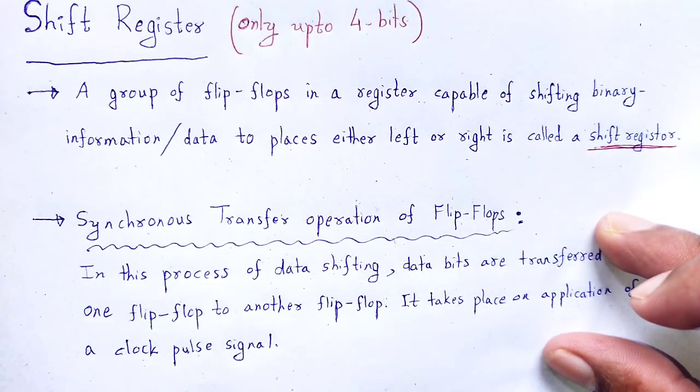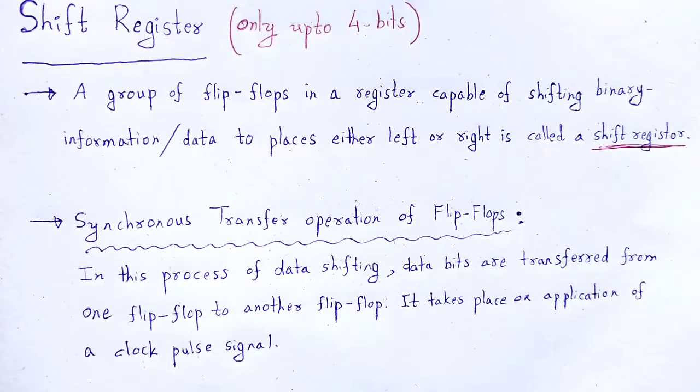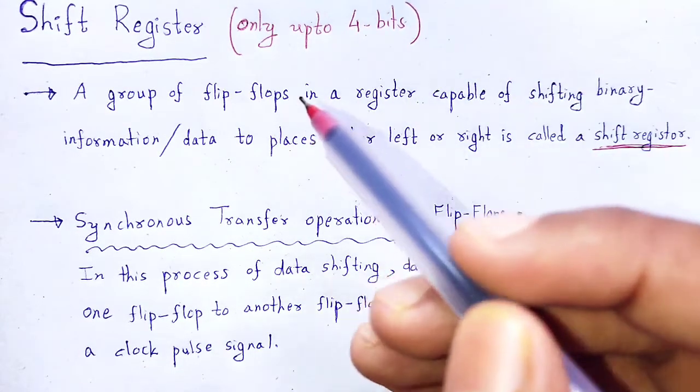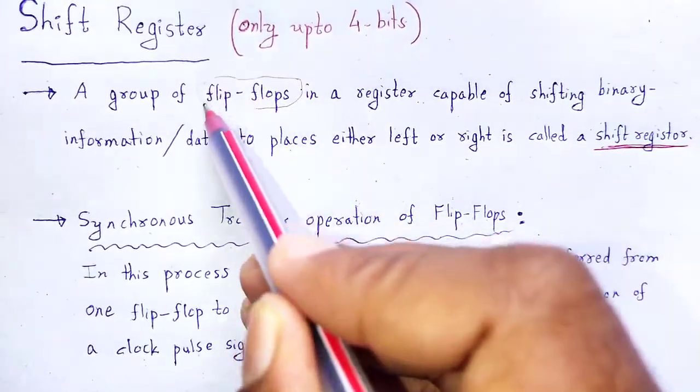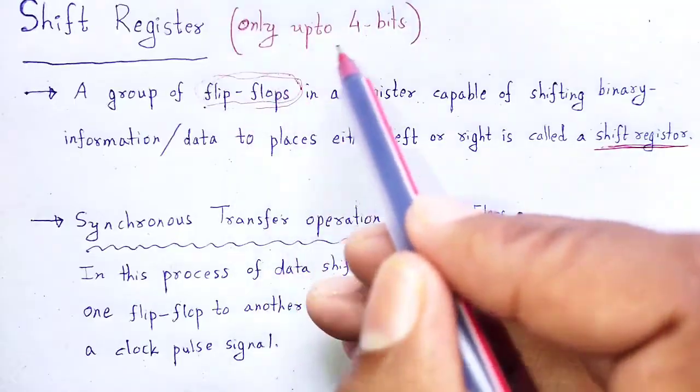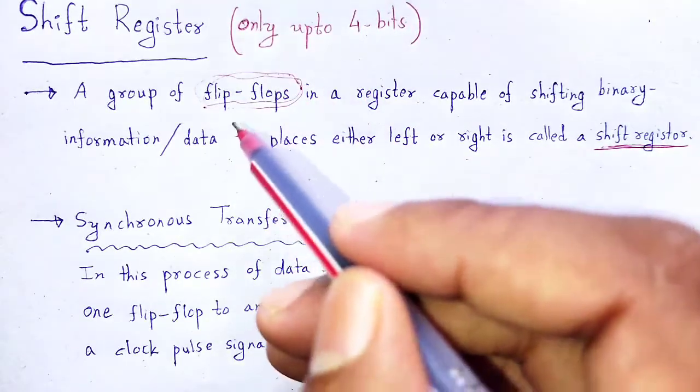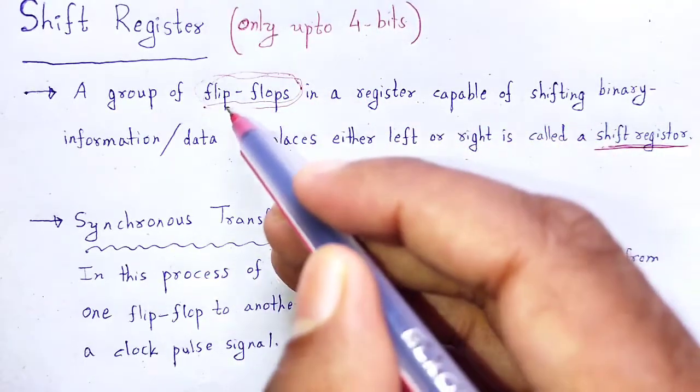So what is the function of these shift registers and how are these circuits organized? Let me discuss one by one. First, the various kinds of flip-flops we use in a register. For what purpose do we use flip-flops?